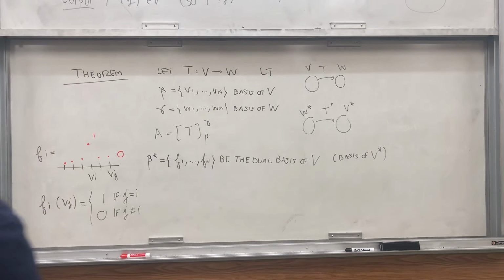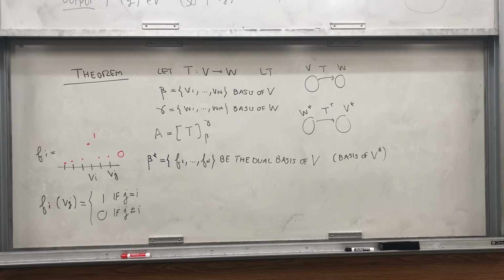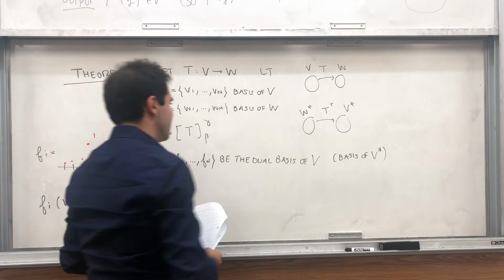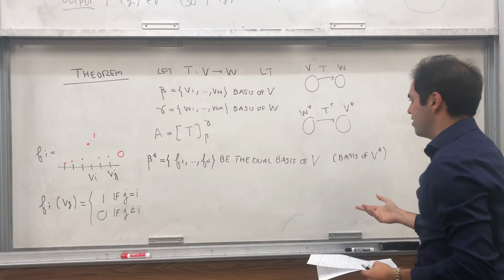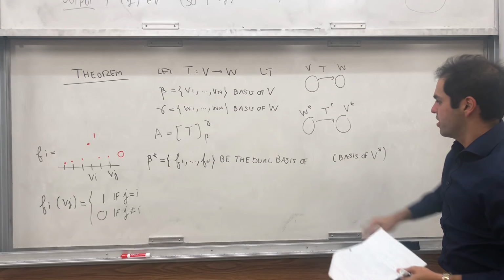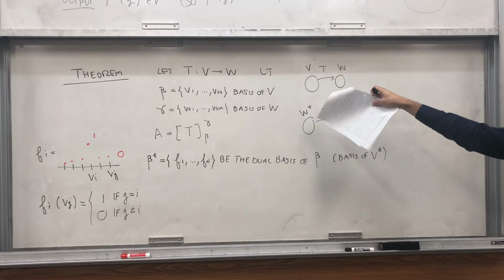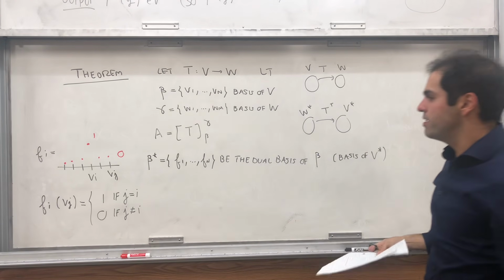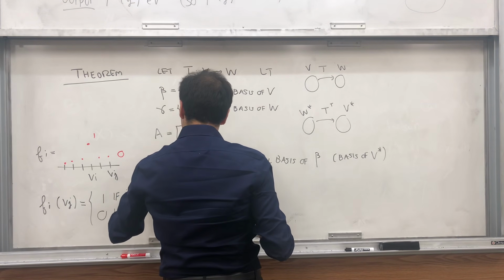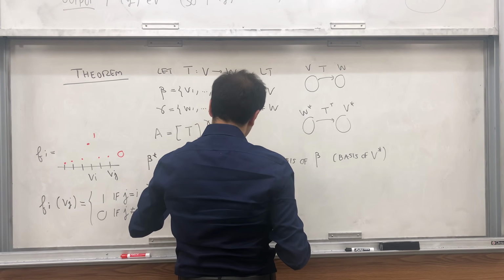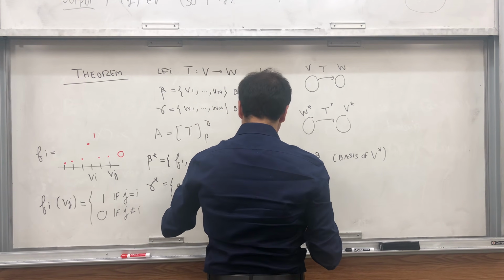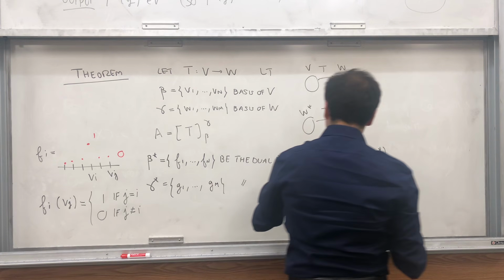All right, so that is the dual basis of beta, sorry. And similarly, we can have the dual basis of gamma. So gamma star, which is G1 up to Gm, is the dual basis of gamma.